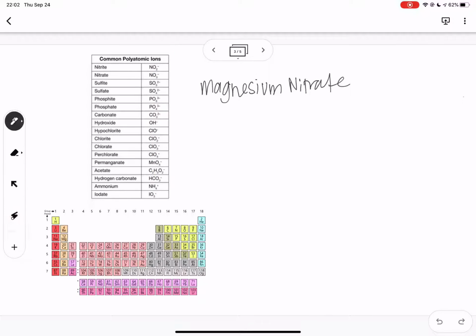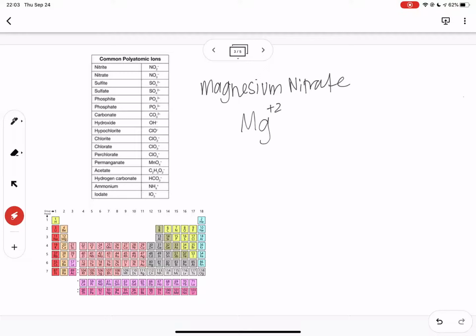So let's say I give you this name here, magnesium nitrate, and I ask you for the formula. Well, you're going to go to your periodic table, find magnesium. It's Mg. And we know it's in group 2, which means it has a +2 charge. So I'm going to go ahead and give magnesium a +2 charge.